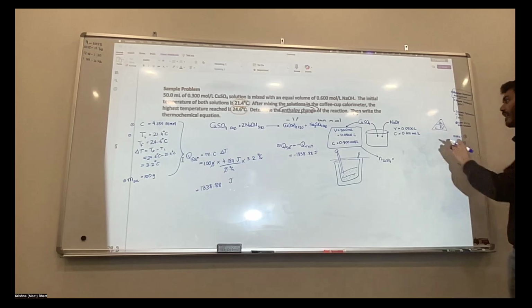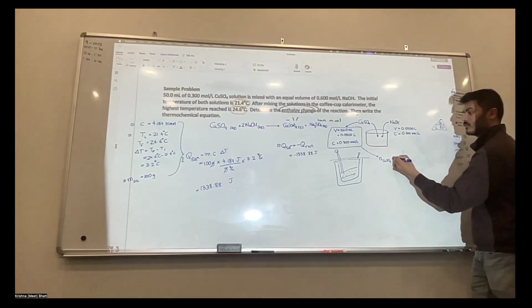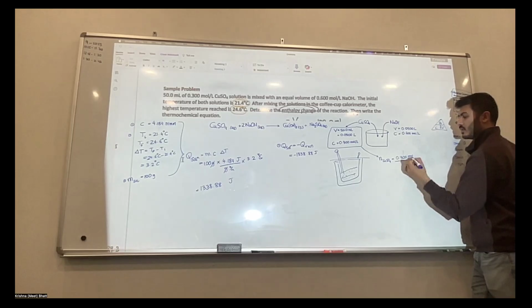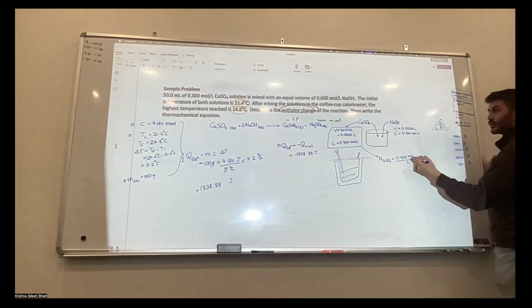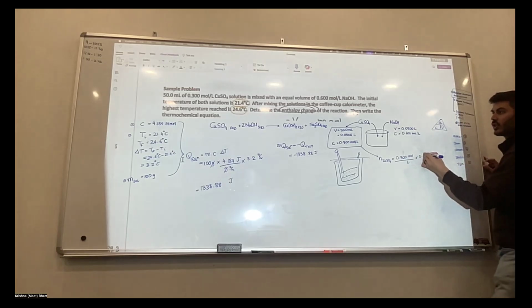I have concentration, I have volume, I want moles. So 0.300 moles per liter, which is the concentration, multiplied by the volume, which is 0.0500 liters.